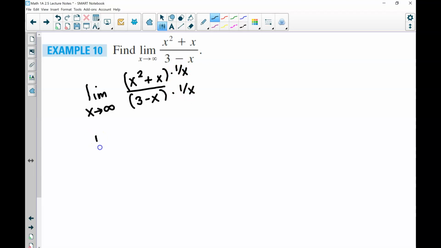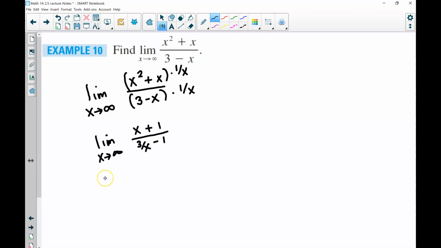Now, when we multiply that through, we get the limit as x approaches infinity of x plus 1 all over 3 over x minus 1.